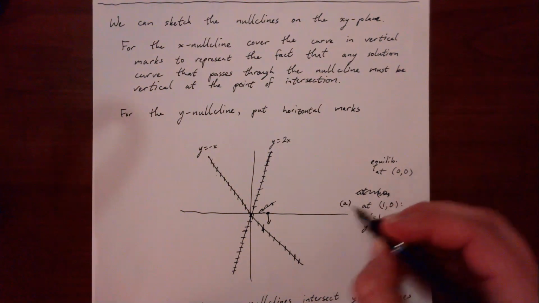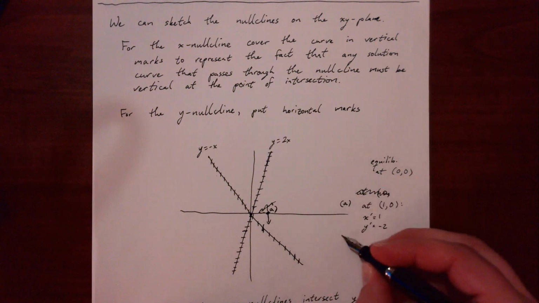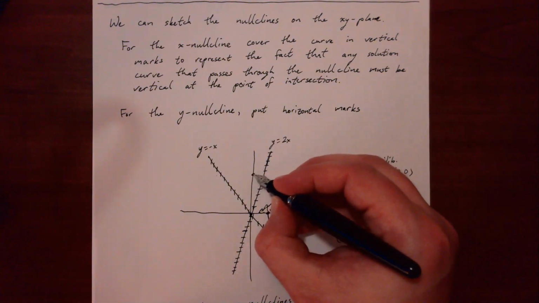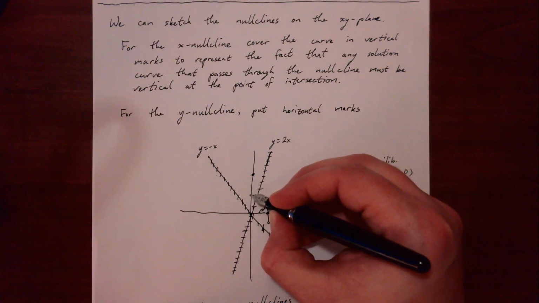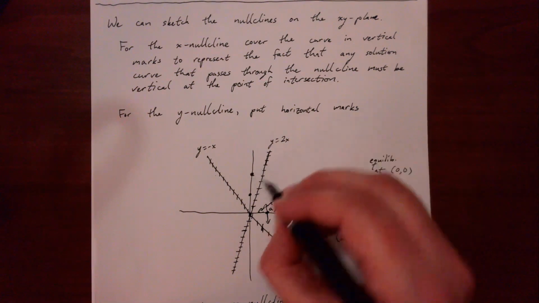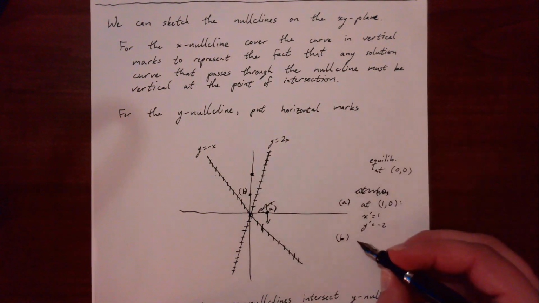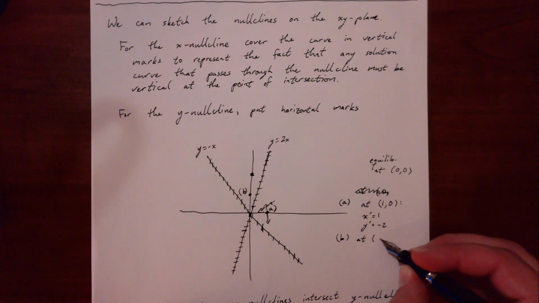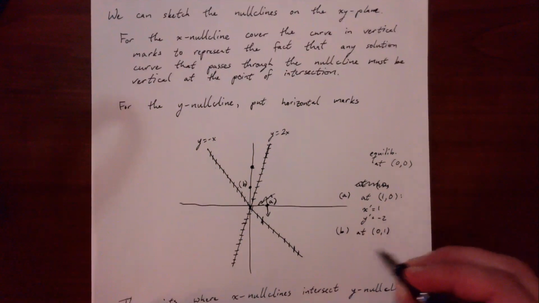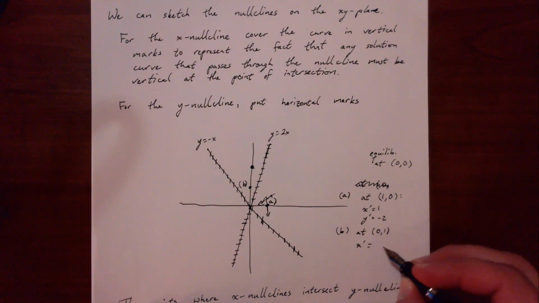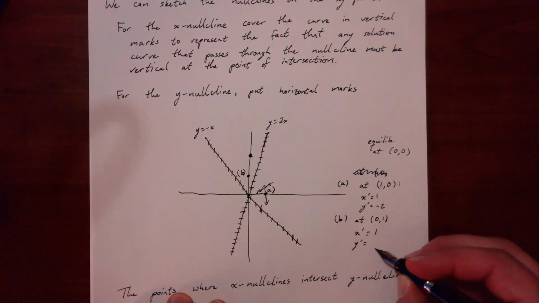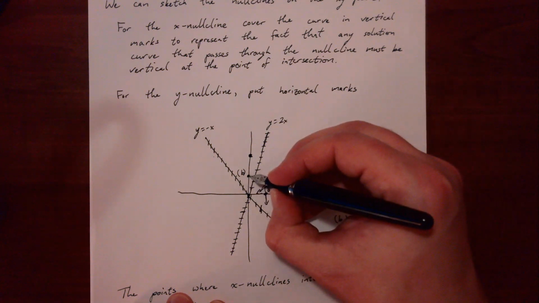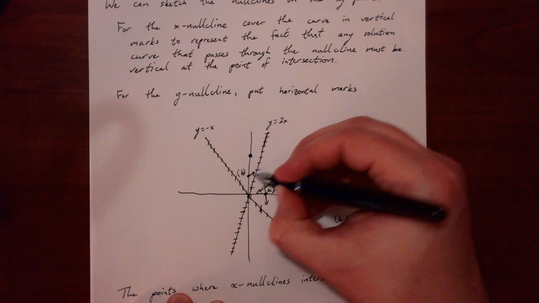So I'll just label these A, B. Let's just go ahead and keep it nice and consistent here, B. So at 0, 1, x prime is going to equal 1 again. y prime is going to equal 1. So that means we are going up and to the right.